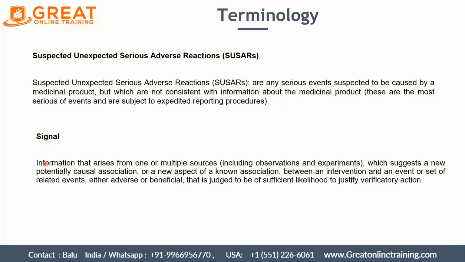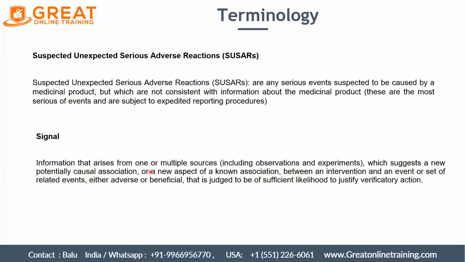And the next one is signal. As per the CIOMS, a signal is any information that arises from one or multiple sources, including observations and experiments, which suggests a new potentially causal association or a new aspect of a known association.